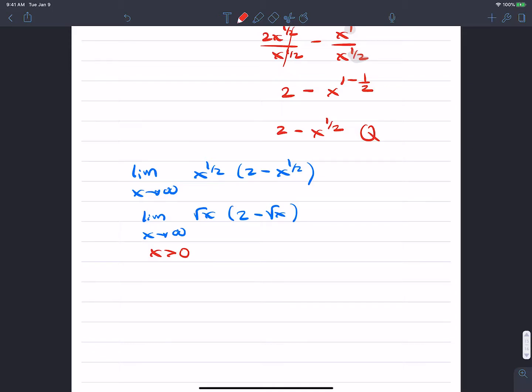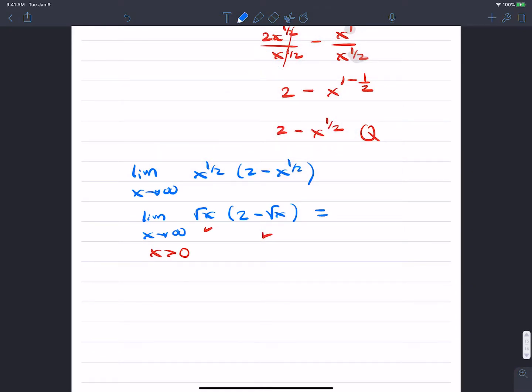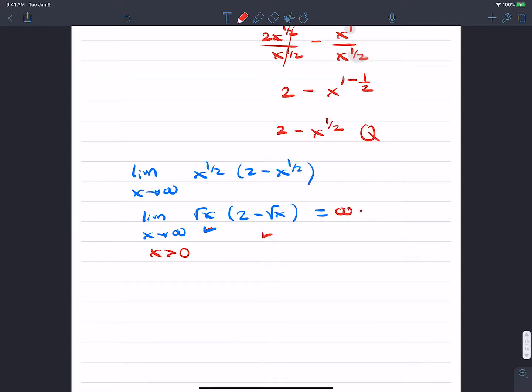By properties of limits, the limit of a product is the product of limits. So as x gets big, the square root of x also gets what? Big. Is that right? Times, well, what's going on with this x? x is getting what again? Big. Is that true? So as x gets big, what's 2 minus that big? Negative. Is that right? That's like negative infinity.